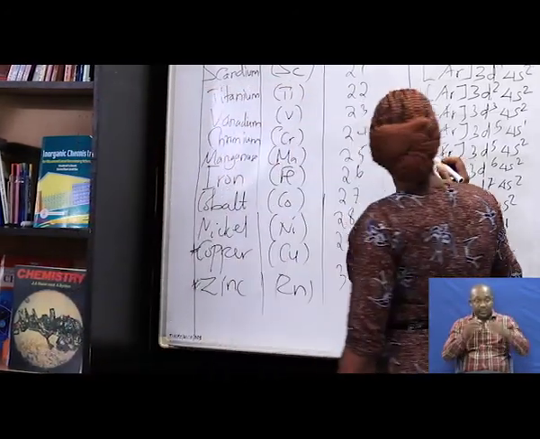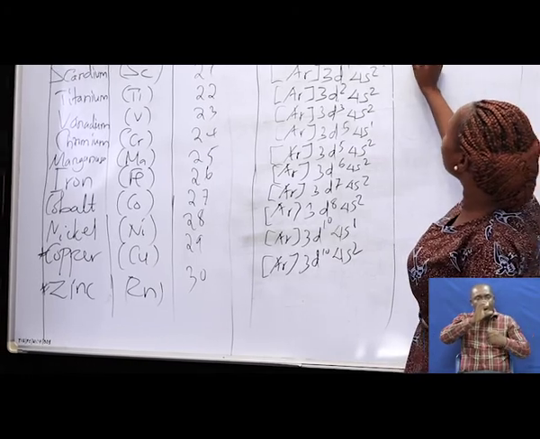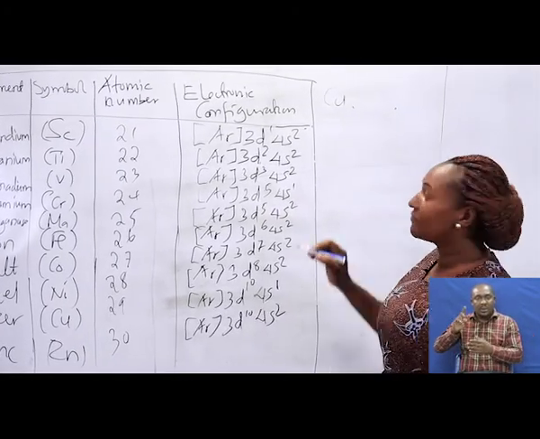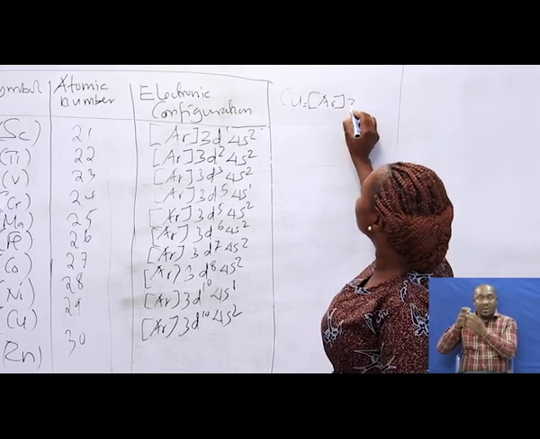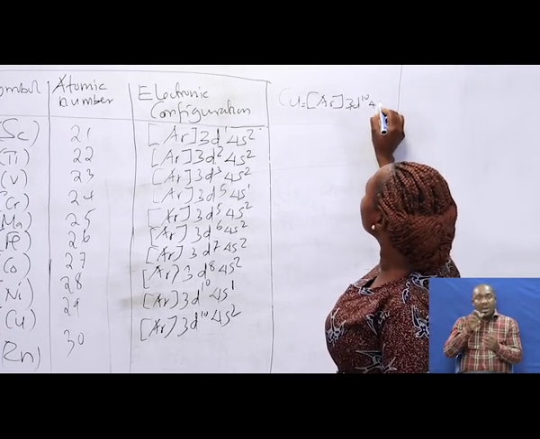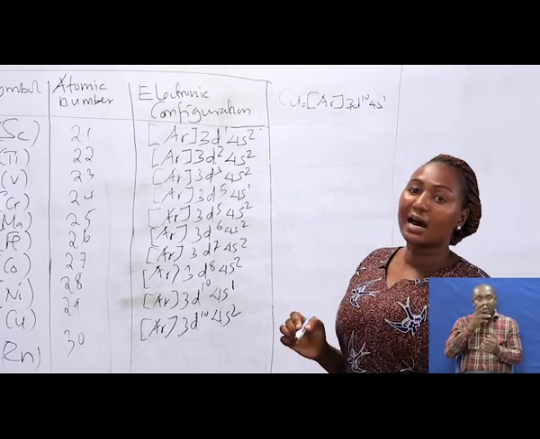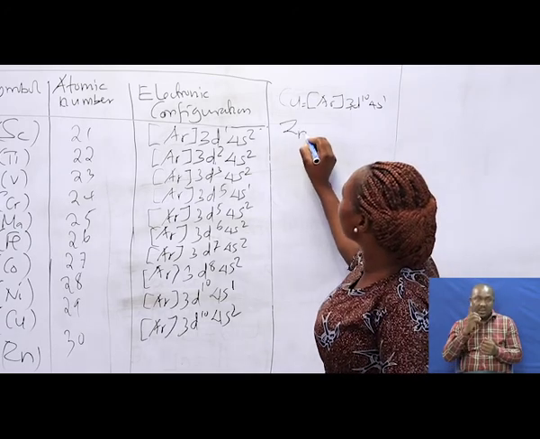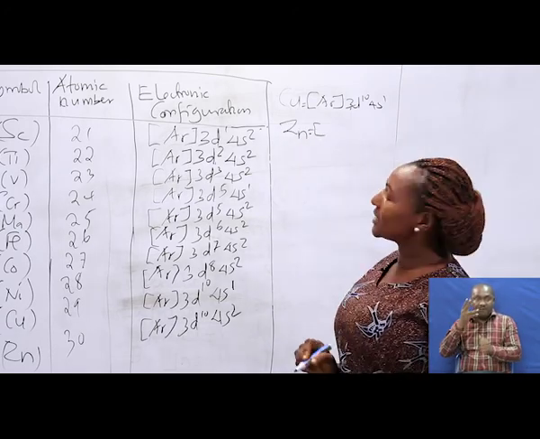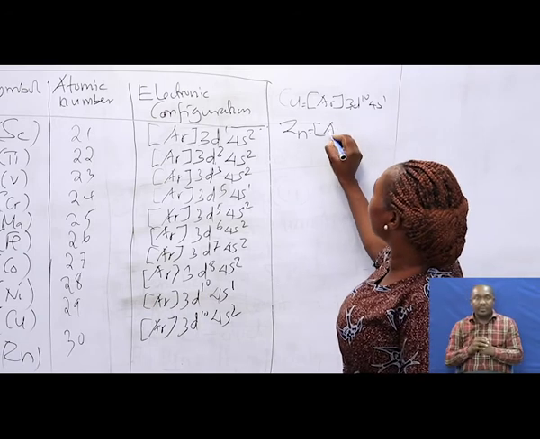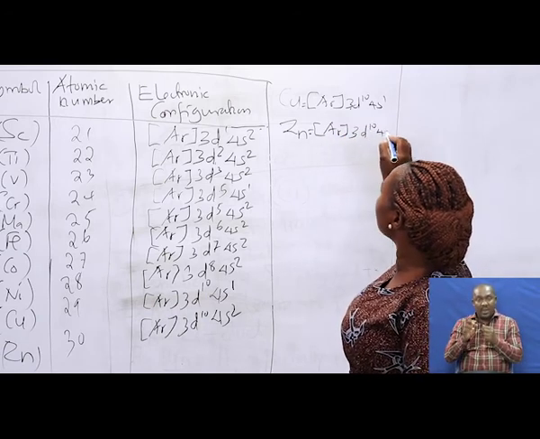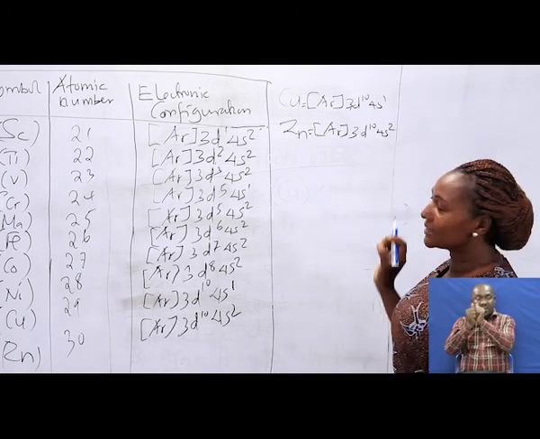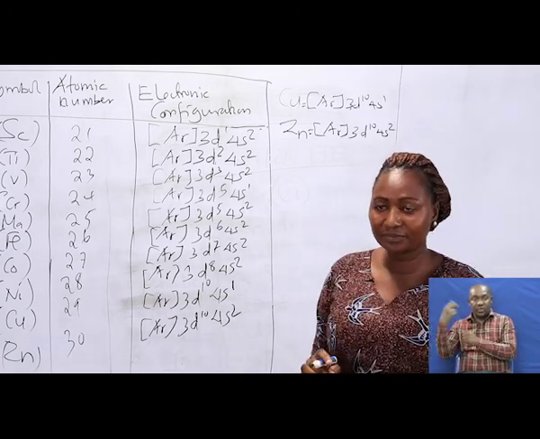Their electronic configuration, we have seen: for copper, the electronic configuration is argon 3d10 4s1, and for zinc, the electronic configuration is argon 3d10 4s2. So are these transition elements?